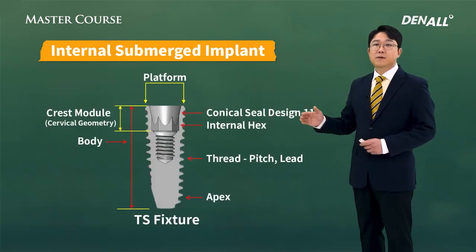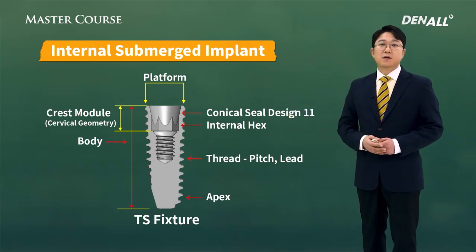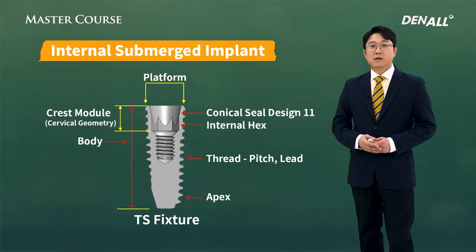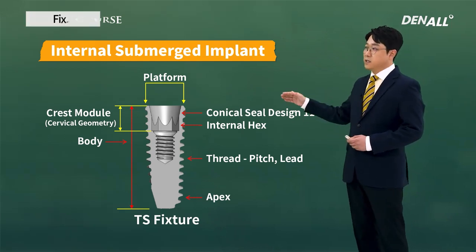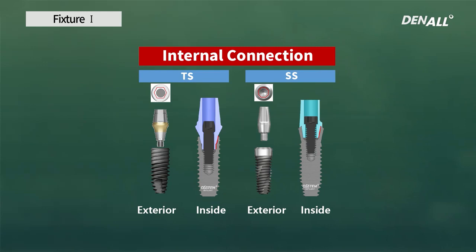Internal submerged type implant structure. Internal structure and platform switching are the characteristics. The Crescent module looks like this. Internal submerged type implant and the tissue level implant fixtures have the internal connection with the abutment.